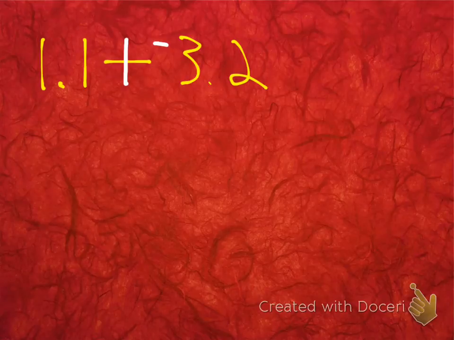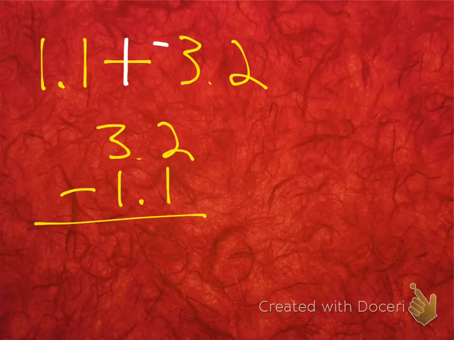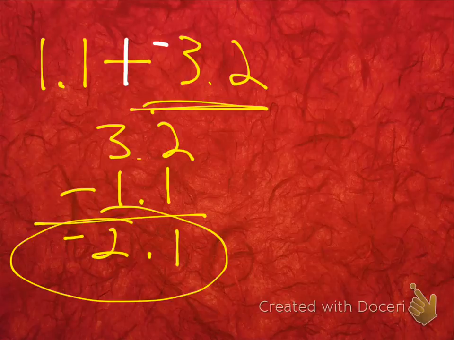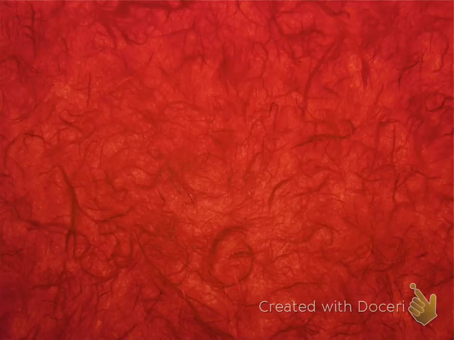Signs are different, so we're going to subtract. Was my larger number a positive or a negative? So my answer is a negative. There we go. As long as you know how to line up your decimals and you still remember your rules from positive and negative numbers, they just go together. So that covers addition and subtraction.